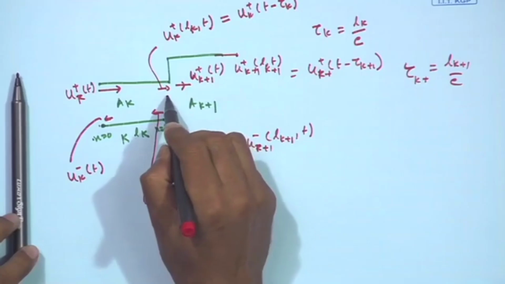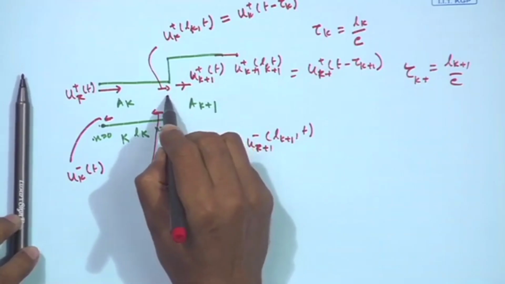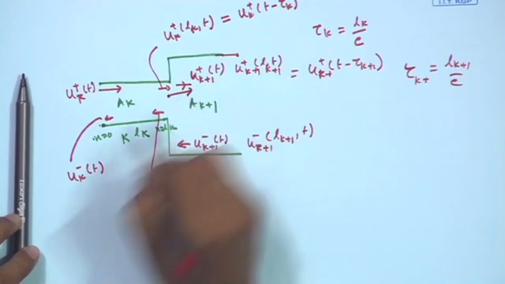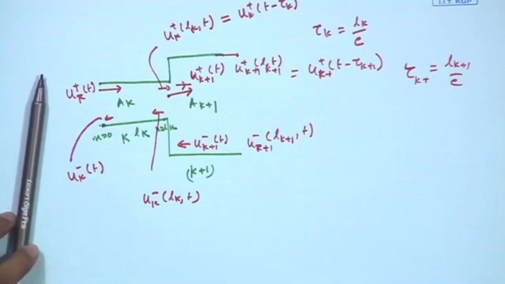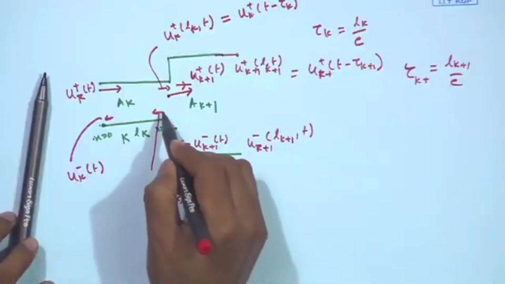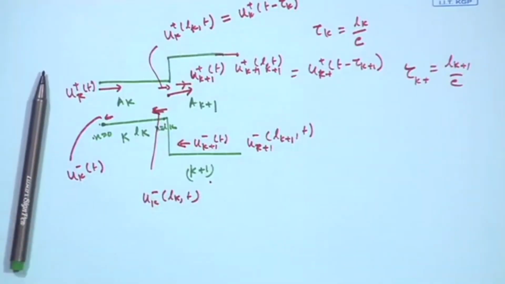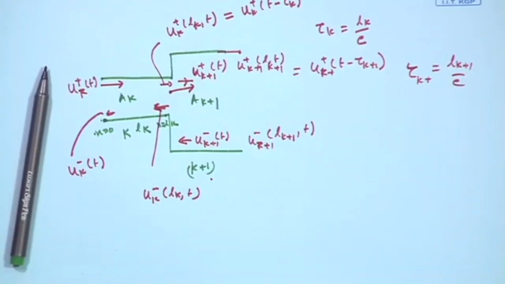I can draw the equivalent signal flow diagram at the junction. So my whole purpose is to find out how much forward wave is injected by the kth tube to the (k+1)th tube, and how much backward wave is injected by the (k+1)th tube to the kth tube. That I have to find out.